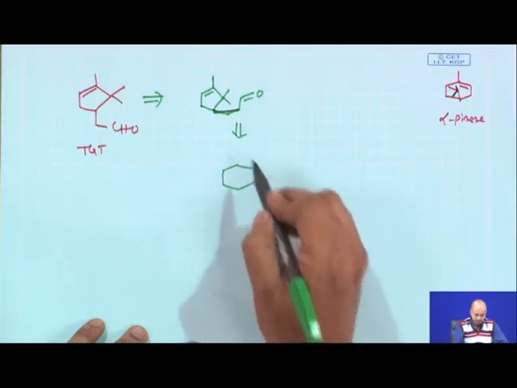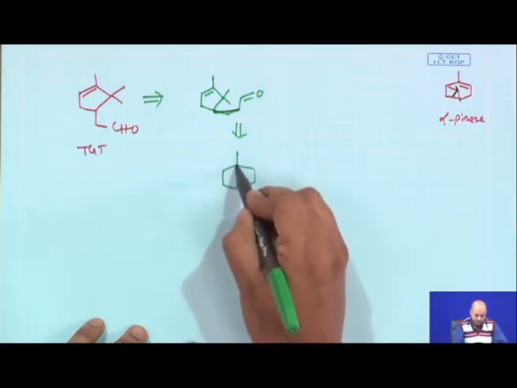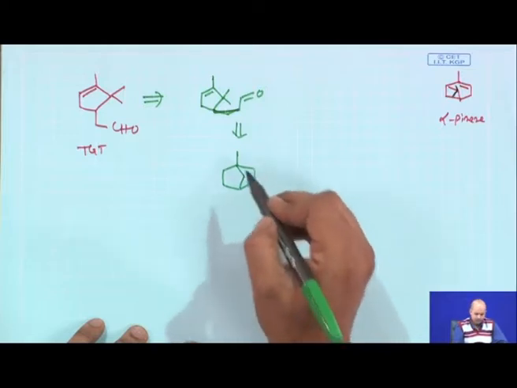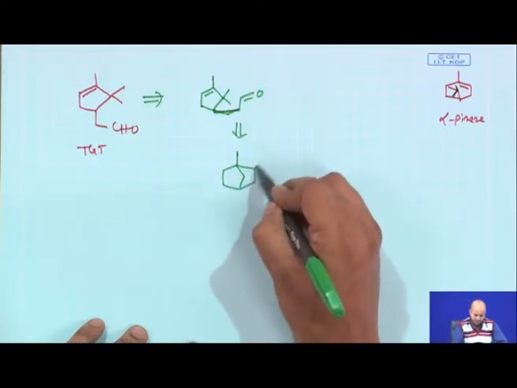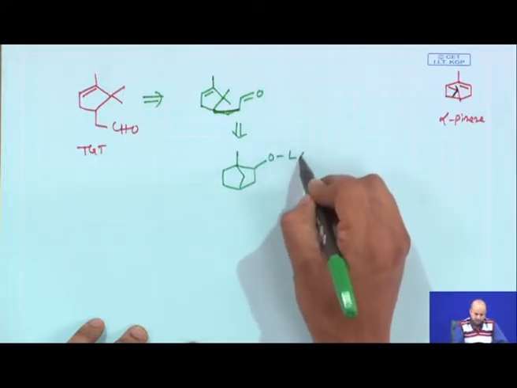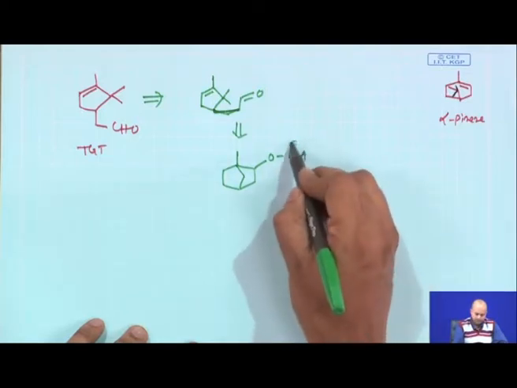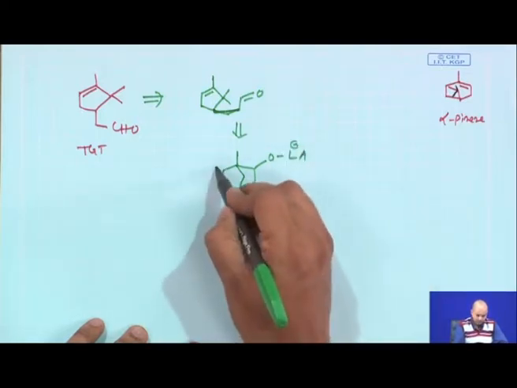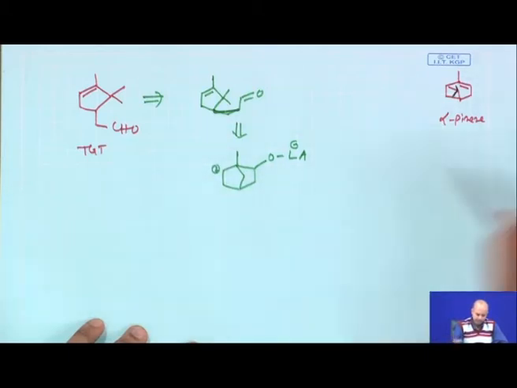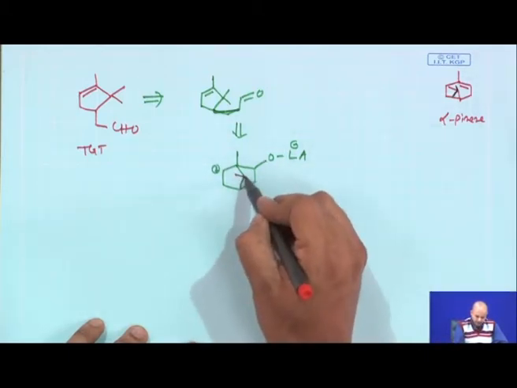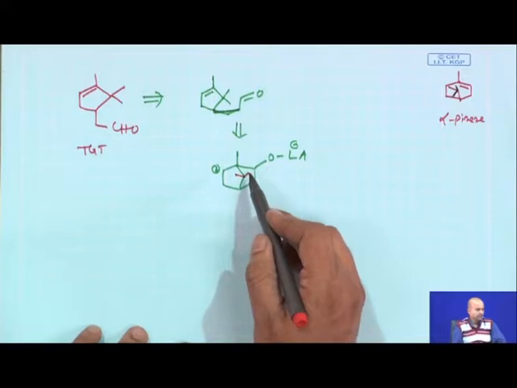Now, I am saying that this compound can be constructed if you have something like this. Now, what is this? These are 2 methyls here, methyl. Now, what I am saying?